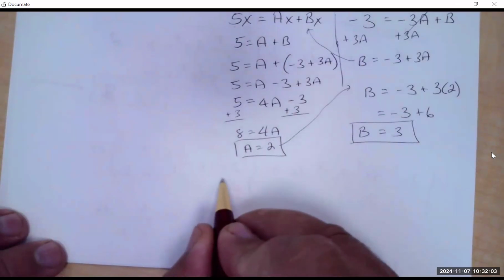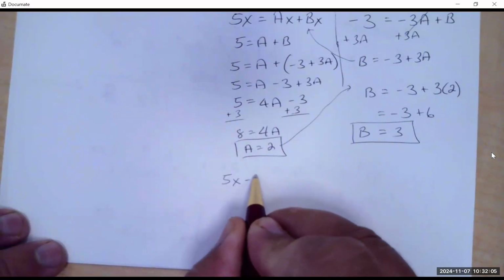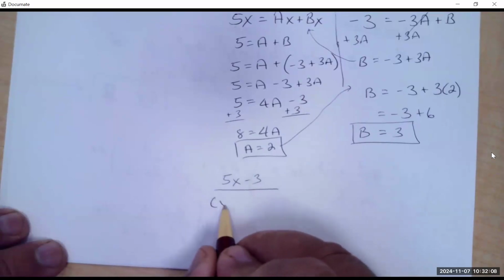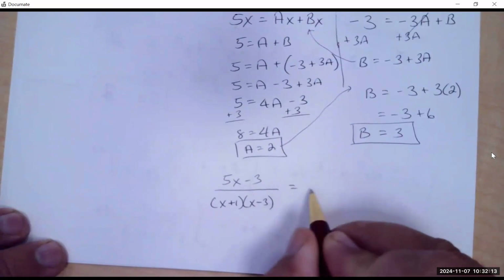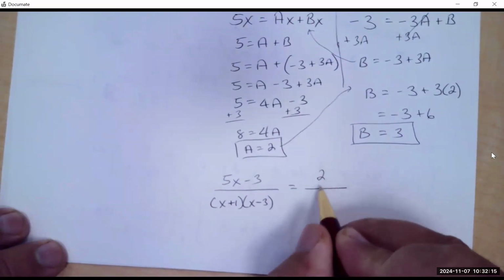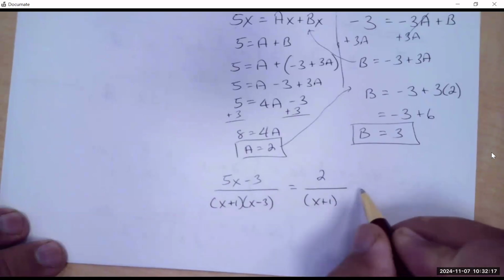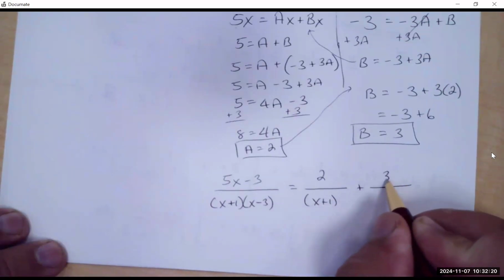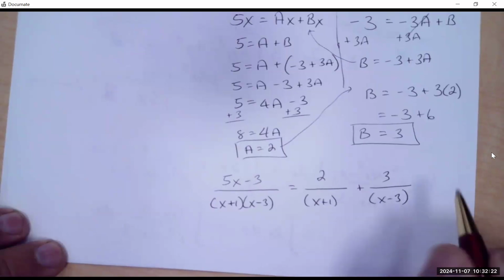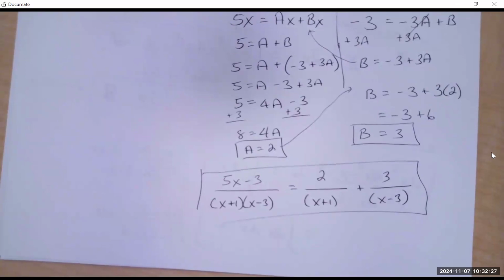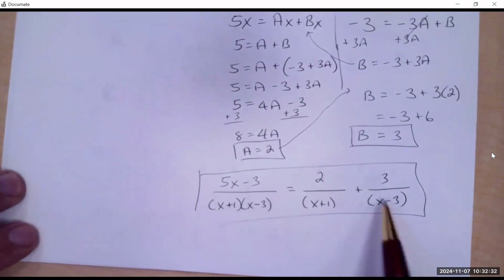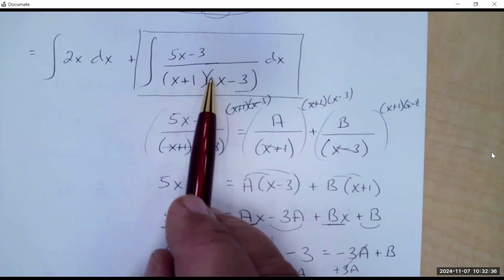So what that means, we can expand our equation to be 2 over x plus 1 plus 3 over x minus 3. Remember, all of this stuff is, let's simplify this one.